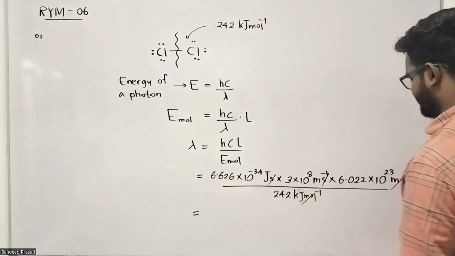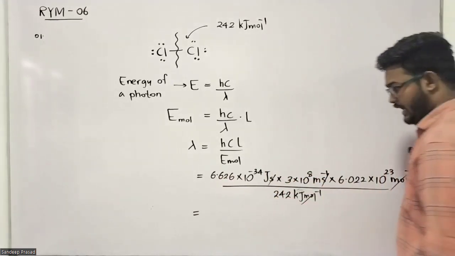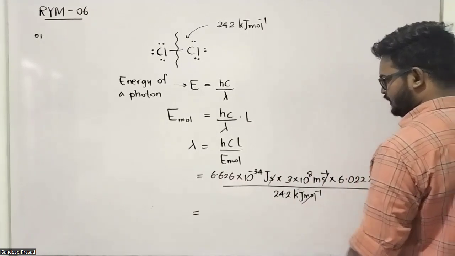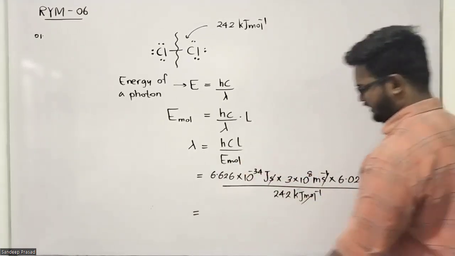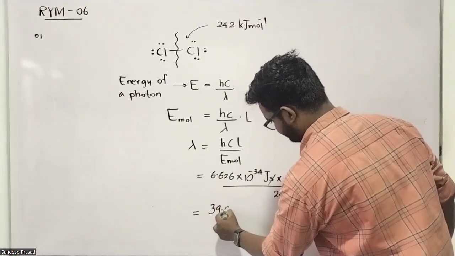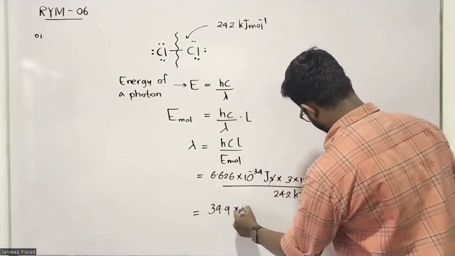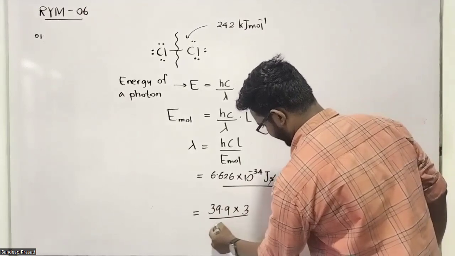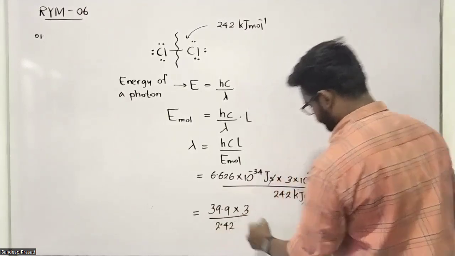6.626 multiplied by 6.022. I told you that the Avogadro number and Planck's constant multiplication is 39.9, multiplied by 3. And this is divided by 2.42.